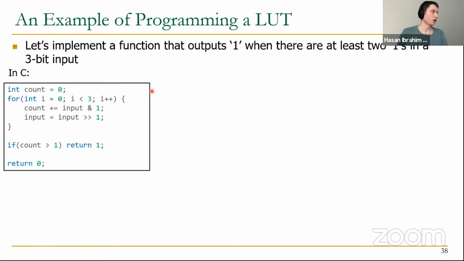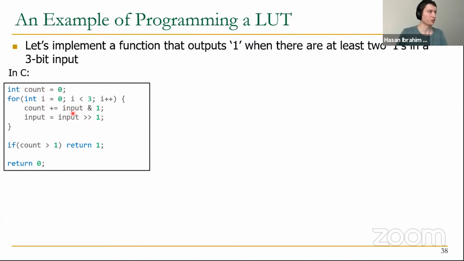Okay, so how you would do that in C, I will show 2 examples. One example is going over the 3 bits one by one. The input is the 3-bit input, and we AND it with 1 to only access the first bit, right? And add it to the count, which we initially initialize to 0.